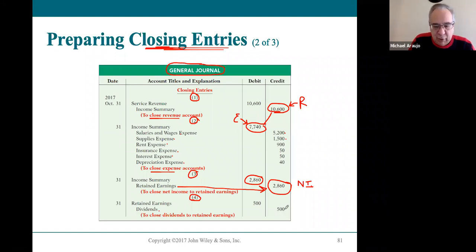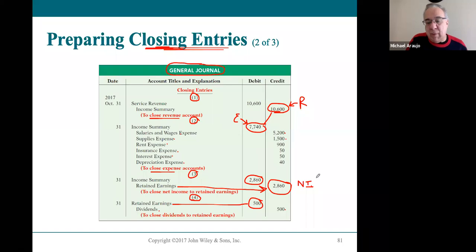So that's why we have a credit to dividends, because that means both sides of the dividends account will be equal and we have a zero balance. That debit is moved to retained earnings. And that makes sense, right? Because a debit to retained earnings reduces retained earnings. And that's exactly what we do on the retained earnings statement, right? Retained earnings statement, we add net income, we subtract out the dividends.